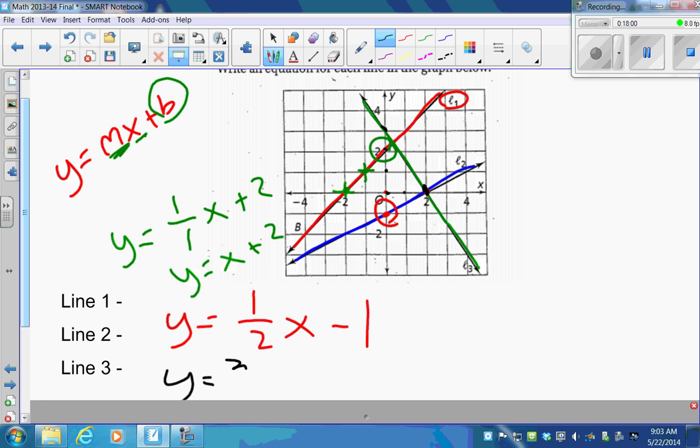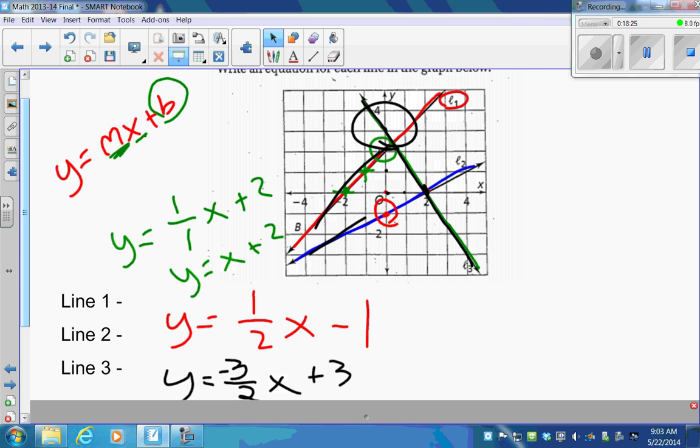So 3 over 2x, and it crosses the y-intercept right at positive 3. Oh, I almost forgot. We read lines like we read books. So since we read from left to right, this is going up, that's going up, this line is going down. If it's going down, it is a negative 3 over 2. I apologize, almost forgot that. That's how you graph lines. Know how to do that one.